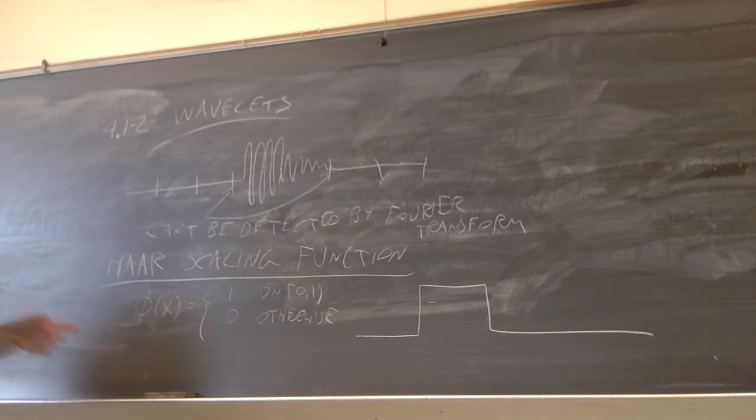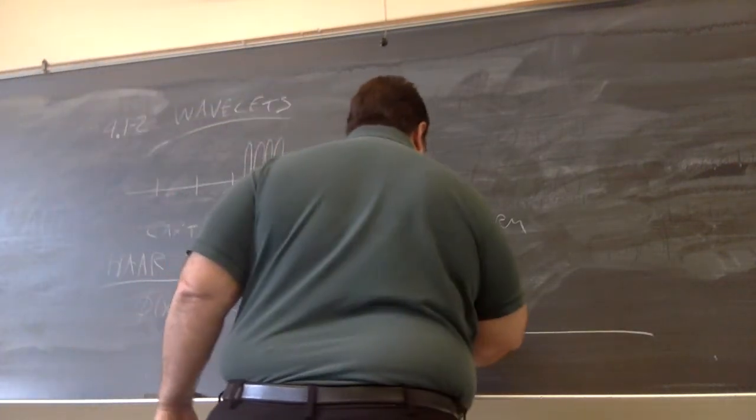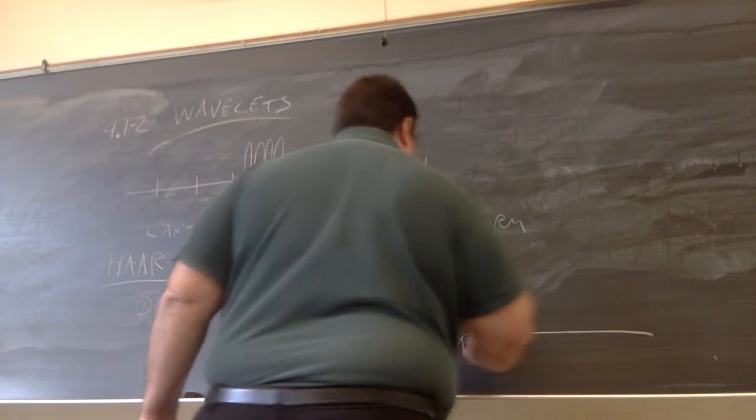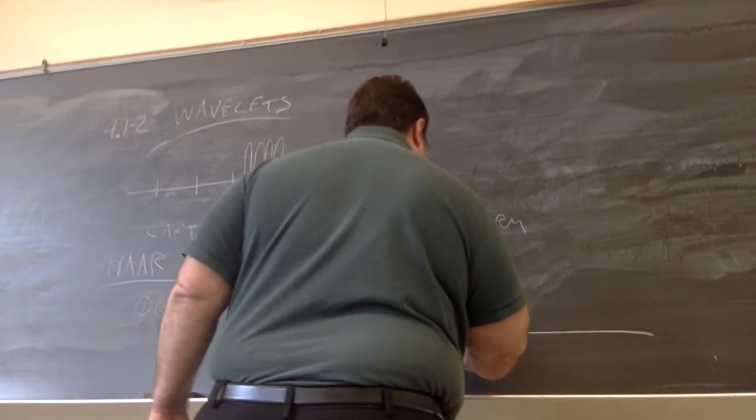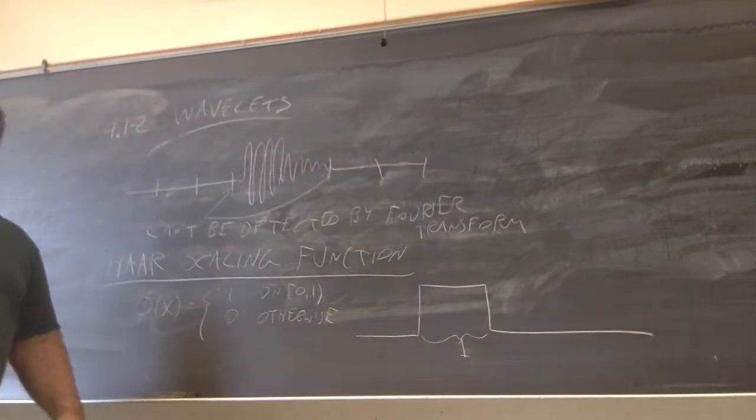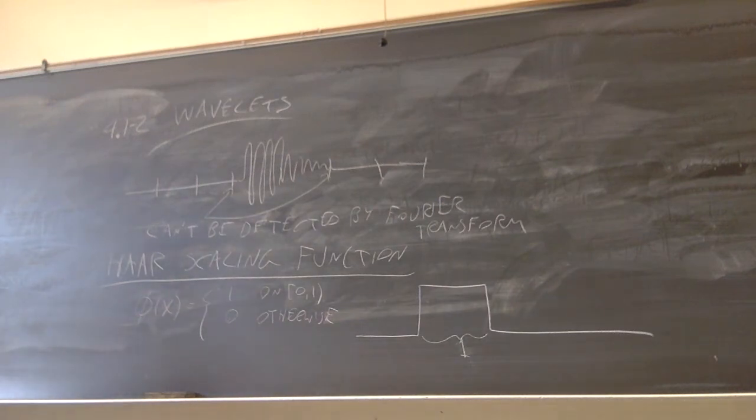This is non-zero on an interval of width 1. If I take translations of this function, where unit translation is always an integer, then I can use this to describe piecewise constant functions, where the discontinuities can only happen at the integers.